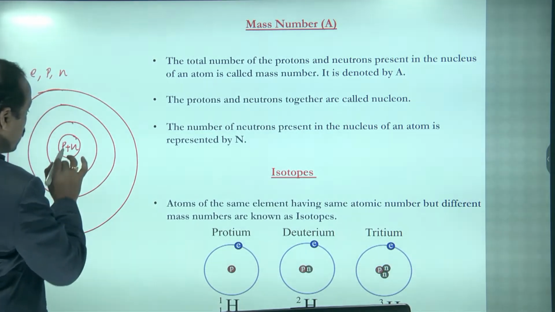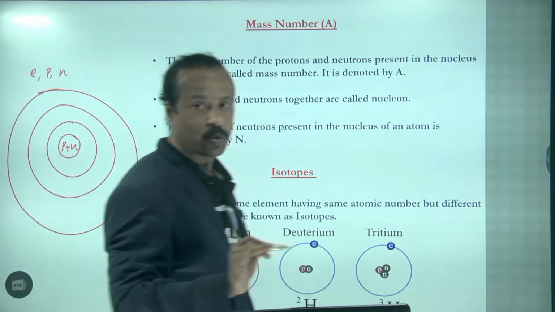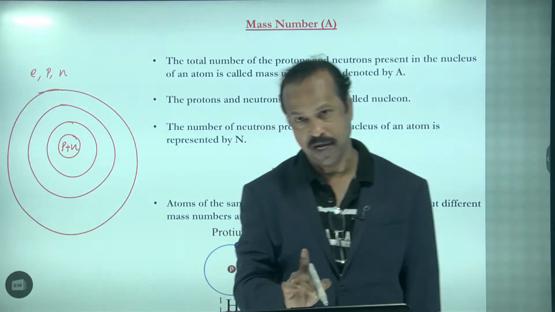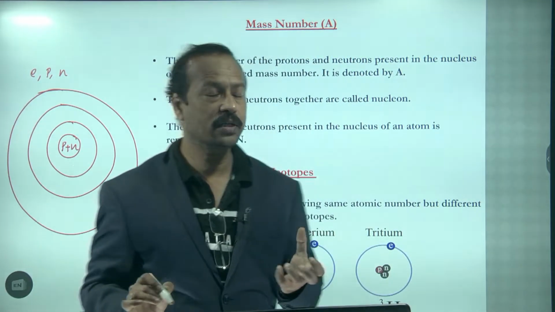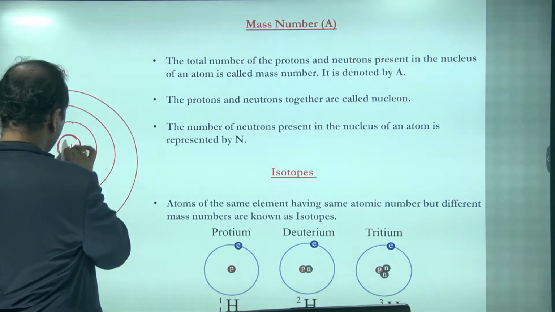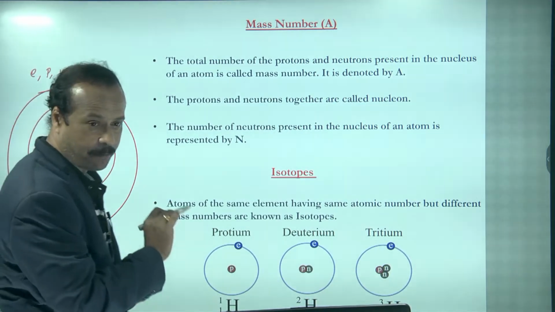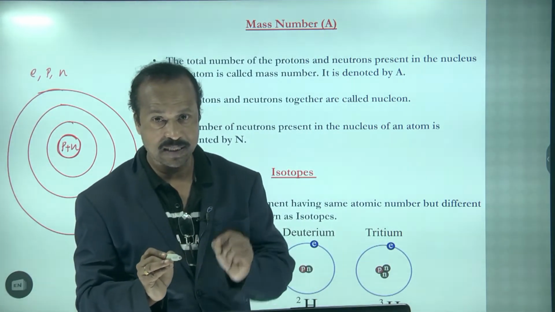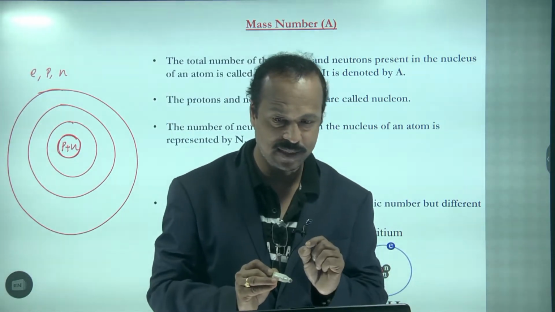The mass of the proton and the mass of the neutron are almost equal to 1 AMU, 1 atomic mass unit or 1 unified mass. So the protons and neutrons are both present in the nucleus, and the addition of the number of protons and the number of neutrons is called mass number. Is this clear? Mass number?